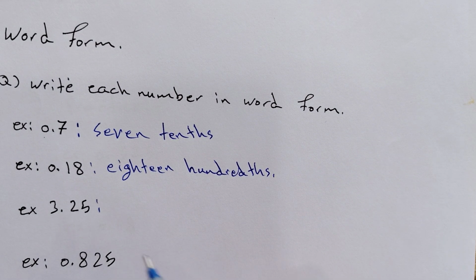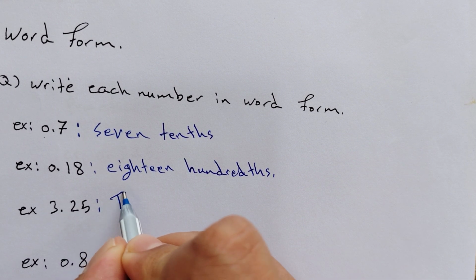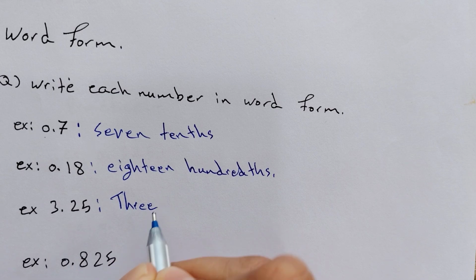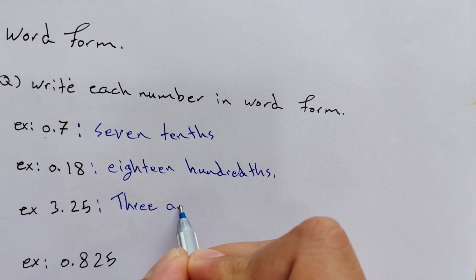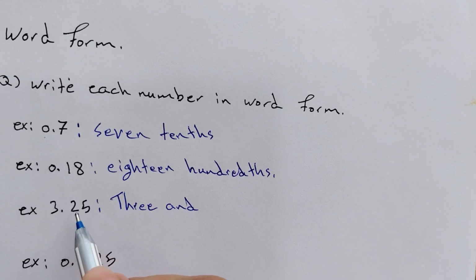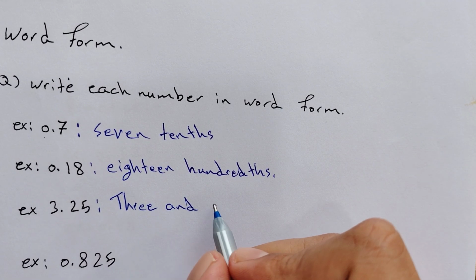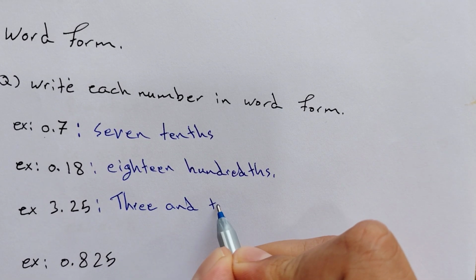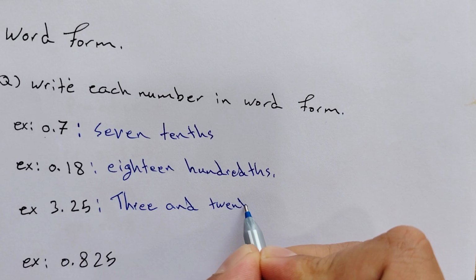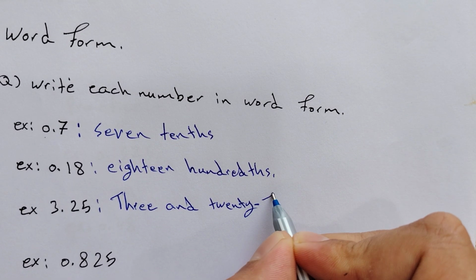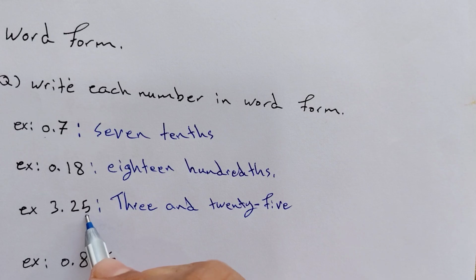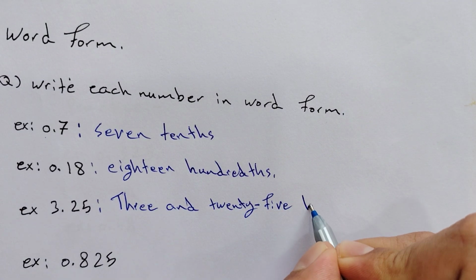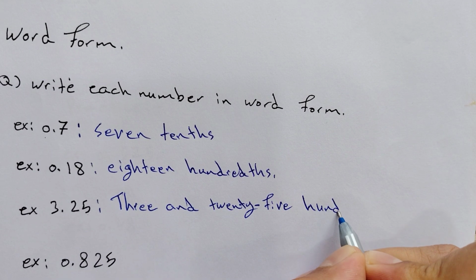So we just read the whole number first. We say 3. The decimal point, now we read it, which will be "and". Then the decimal side, which we have 25. And the last digit, the 5 is in hundredths.